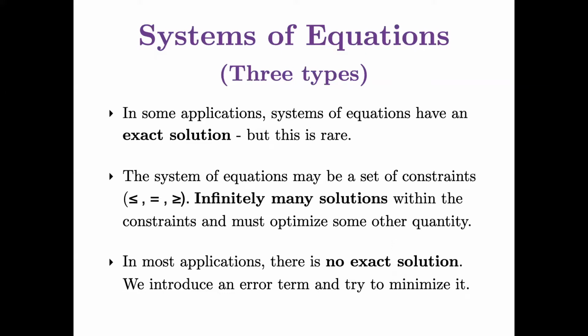So within the constraints of my business, how do I optimize profit? This third bullet point is the situation that we find ourselves in for linear regression. And this is where there's no exact solution. And what we do then is introduce an error term and try to minimize it.